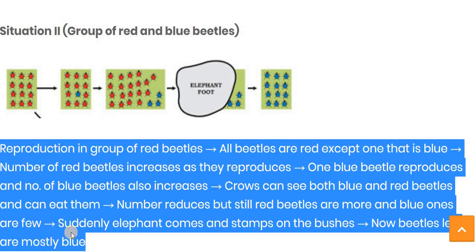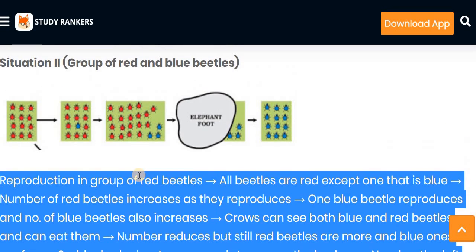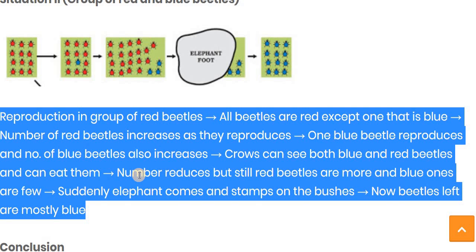Suddenly the elephant comes and stamps on the bushes. Now the beetles left are mostly blue. The number of red beetles decreases, and then the number of blue beetles will increase.